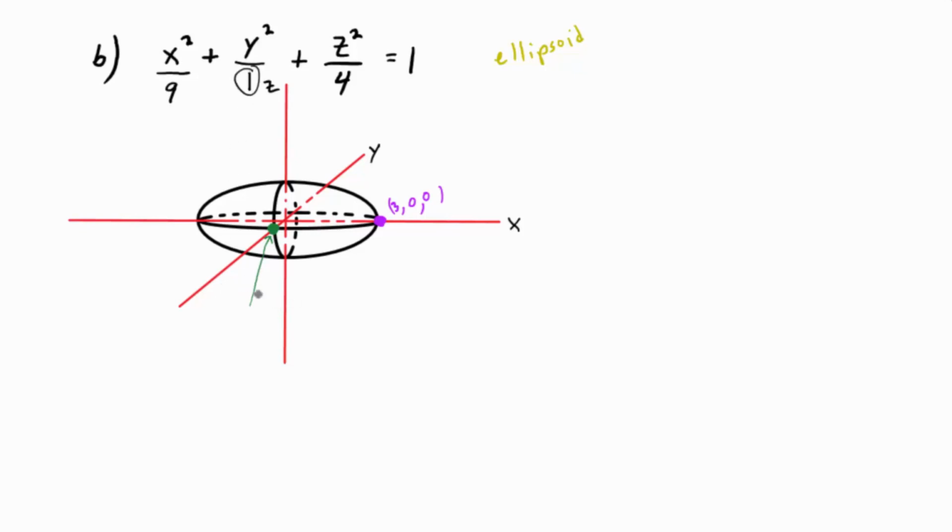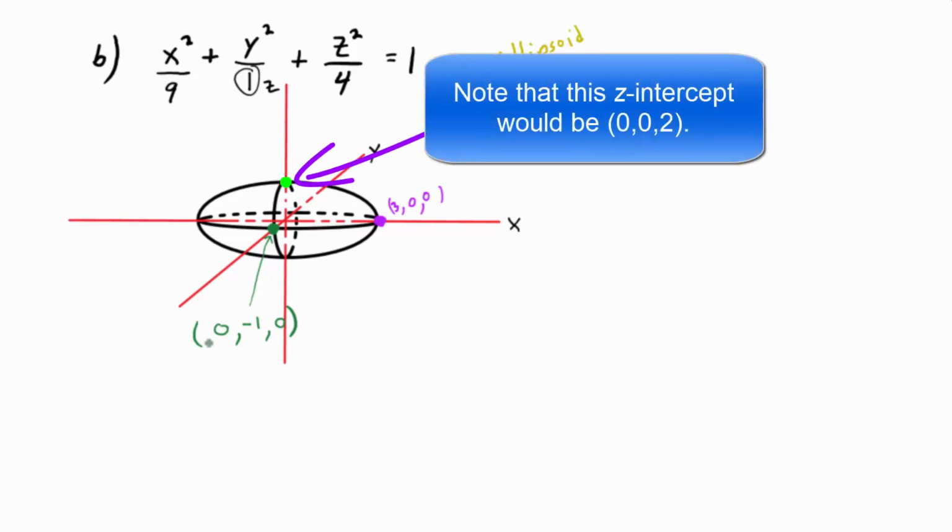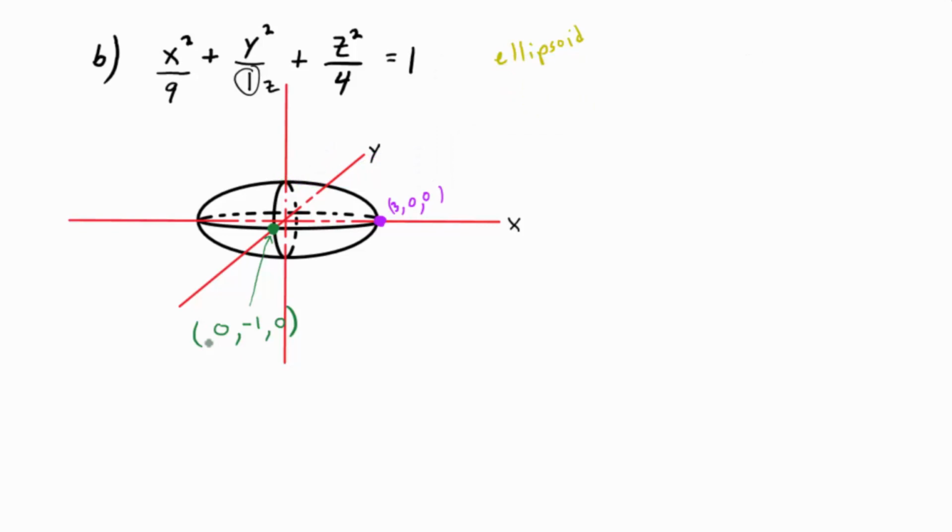Negative square root of 1, which is 1. So negative 1 would be the y-coordinate. What would be the x-coordinate? 0, and then the z-coordinate? 0. So there's a couple of them. You should be able to do it for all of them, though, right? Just by how you graph an ellipse, because you're just looking at the intercepts on the traces, which are all ellipses. Does that seem reasonable? All right.